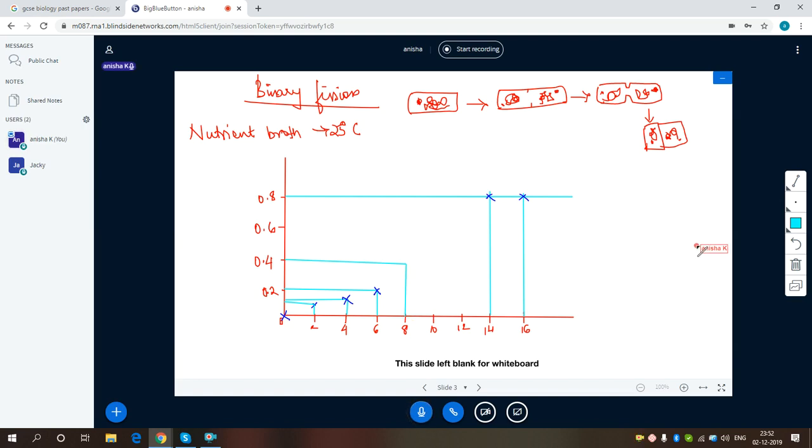Okay, 10 hours will be 0.66, somewhere like this. And for 12 hours it will be 0.78. Okay, so 0.8 again. So 12 will be here again.